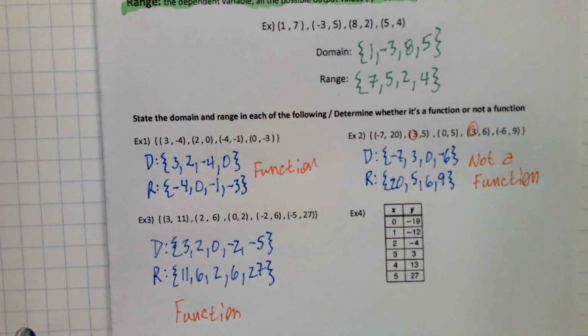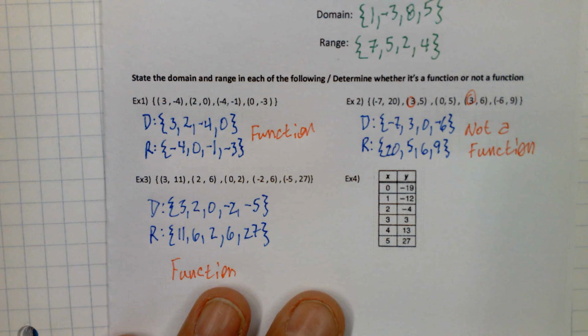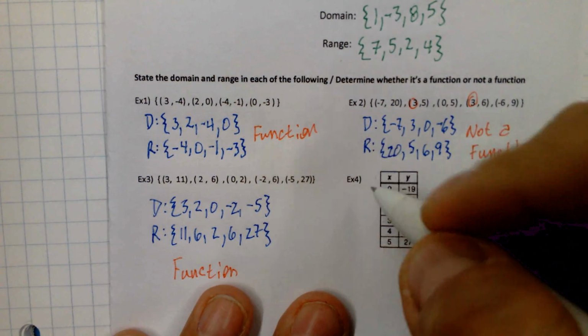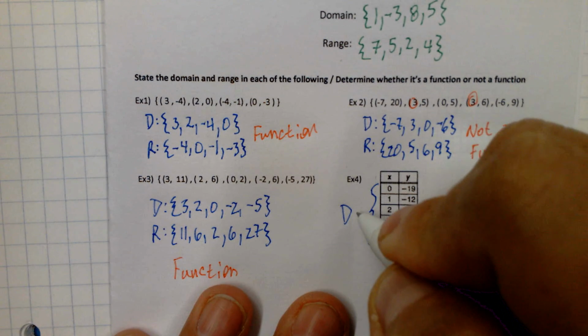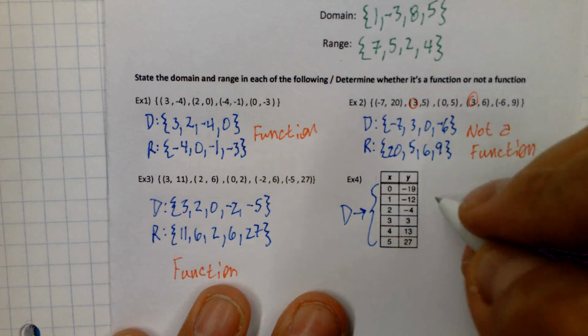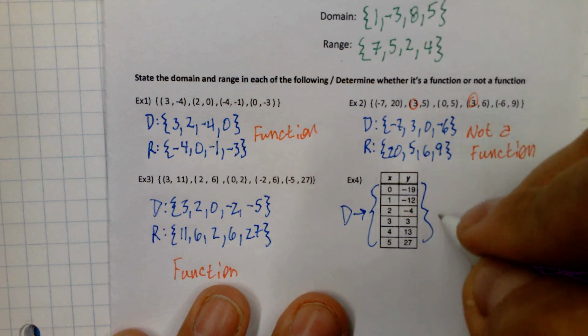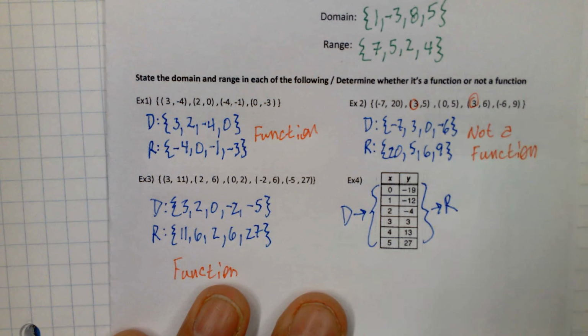Okay. Now we come to an ordered paired table. I like these. You know why? What's our domain? All the x numbers, right? There's your domain. What's my range? There's your range.